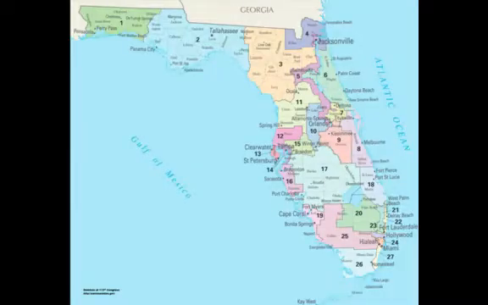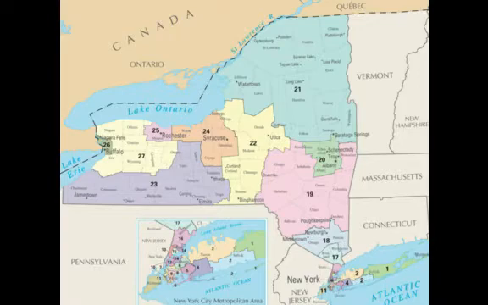For example, after the last census, Florida's congressional districts increased from 25 to 27. This is because Florida's population is growing. At the same time, New York's congressional districts decreased from 29 to 27. I think a lot of New Yorkers came to Florida.